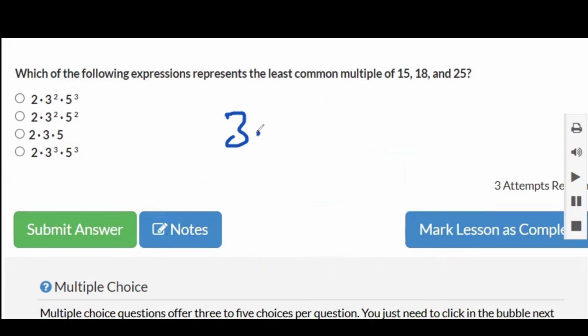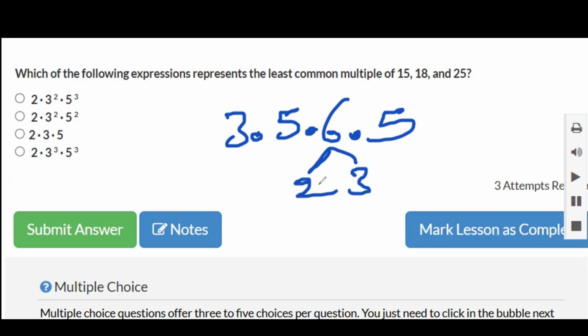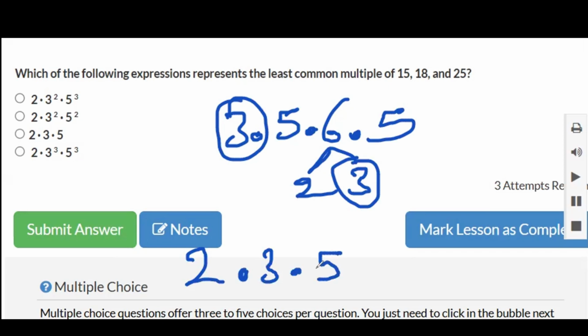So it is 3 multiplied by 5 multiplied by 6 multiplied by 5. This 6 we can make it 2 times 3, correct? So 3 two times, 2 one time, and 5 two times. What power do we put here? 2 to the power of what? 3 to the power of what? 5 to the power of what? 2 is power 1, just 2. And 3 has power 2.